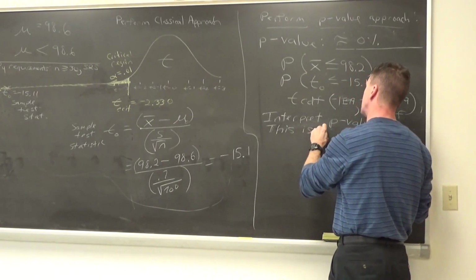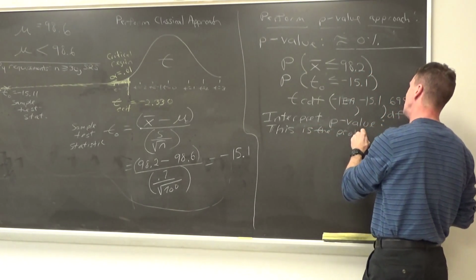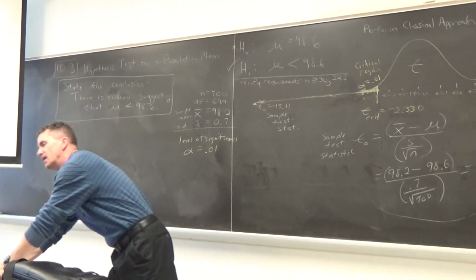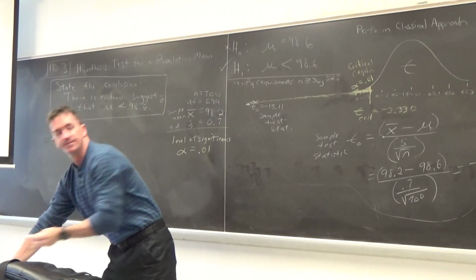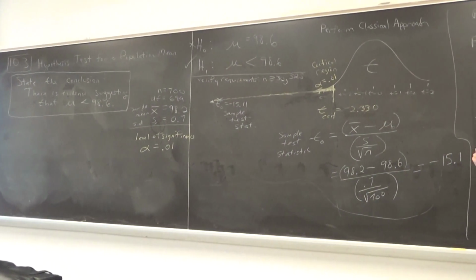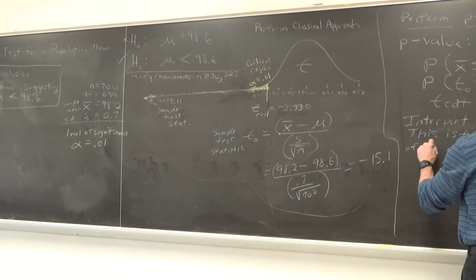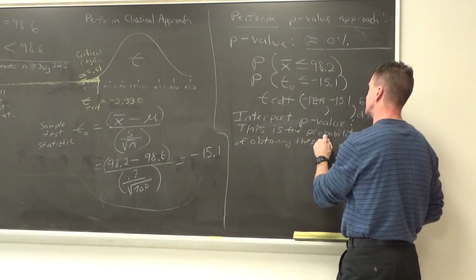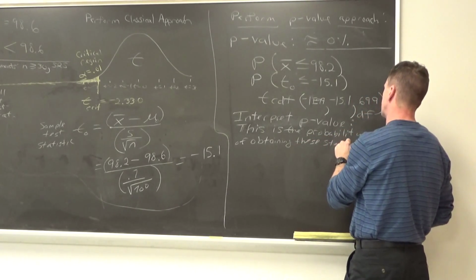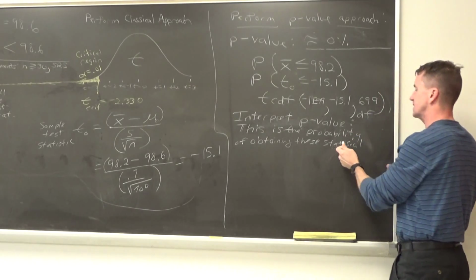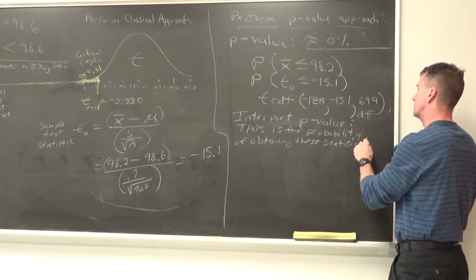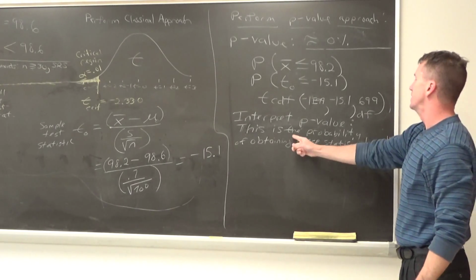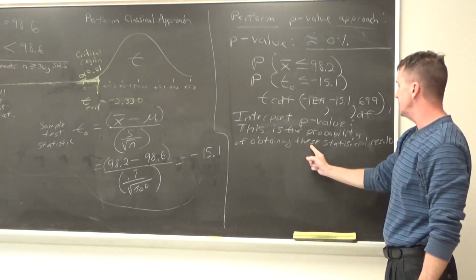This is the probability. See, that's the first thing. We know it's a probability, right? If you don't like the word probability, you can say chance. This is the probability of obtaining these statistical results.